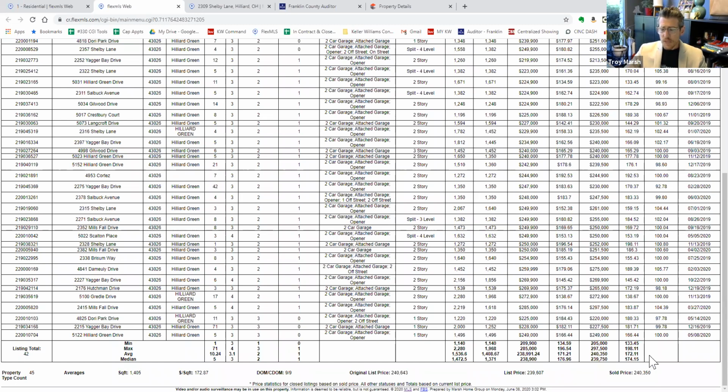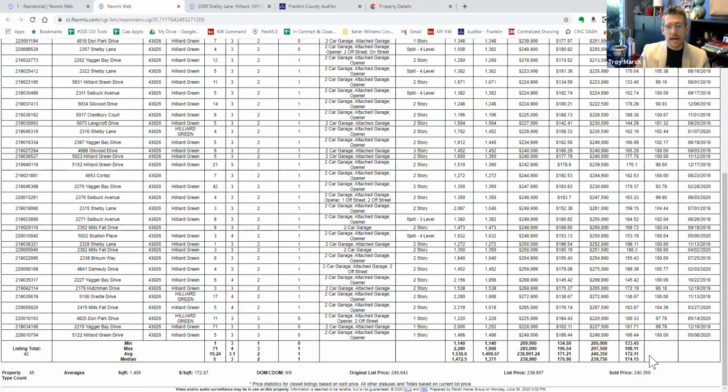Now, if you notice, I very rarely address the average price per square foot. The reason is, especially in a cookie cutter neighborhood like this, the trend is always going to pull the price per square foot to the middle.